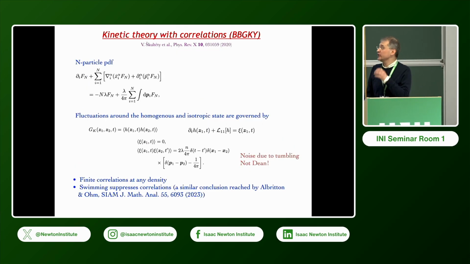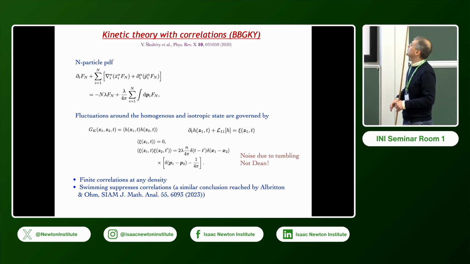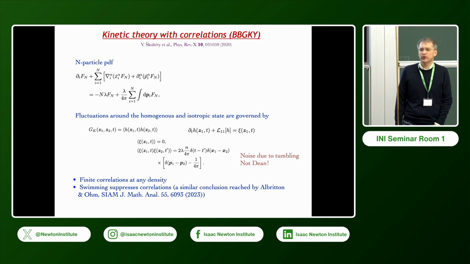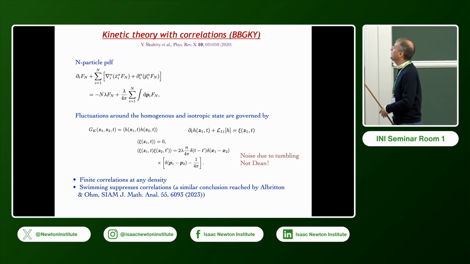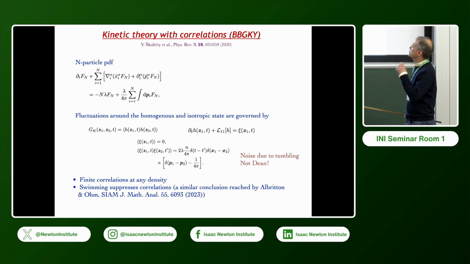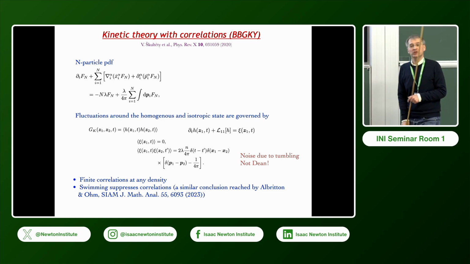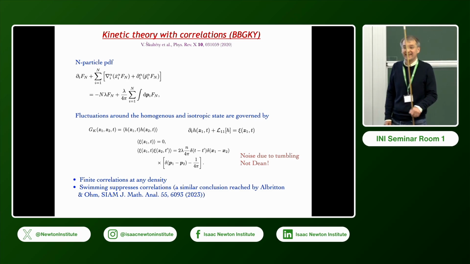Right, so in order to make sense of this a bit, we looked at the kinetic theory with correlations. I'll go through this rather quickly because this is just a tangent to what I want to tell you, but it introduces some of the methods. Instead of looking at the one particle correlation function, we look at the n-particle correlation function, which describes the dynamics of the whole system, but there is very little you can do with this technically.